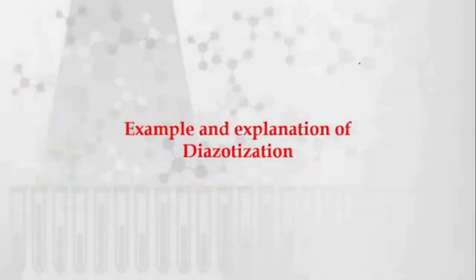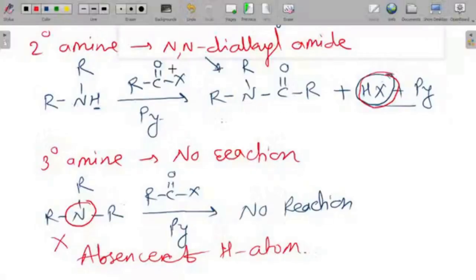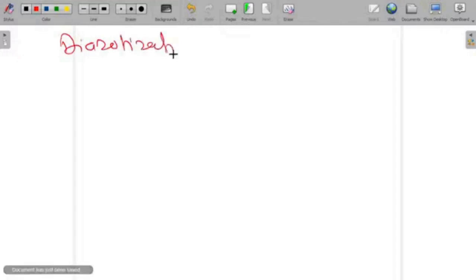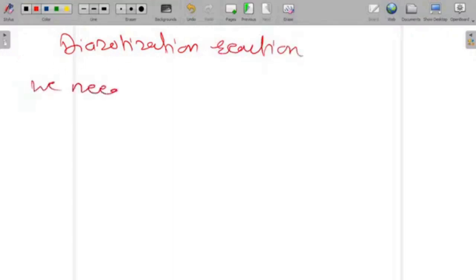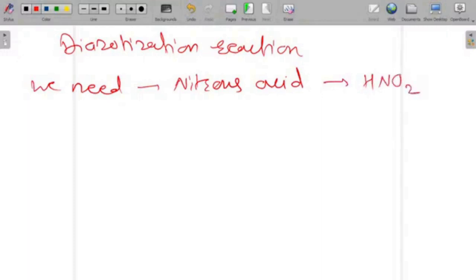So we'll see the reaction, examples and explanation of this diazotization reaction now. Diazotization reaction. What we need here is nitrous acid. What is the formula of nitrous acid? It is nothing but HNO2.